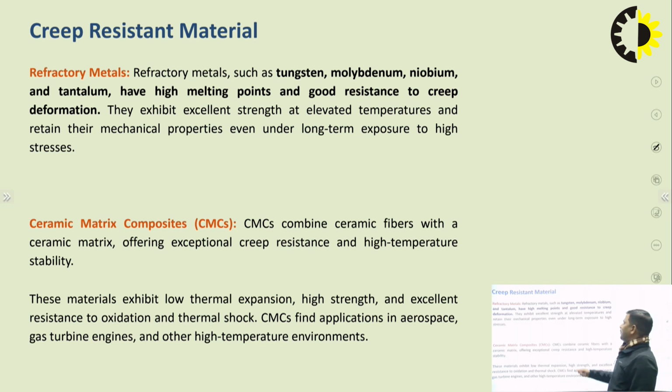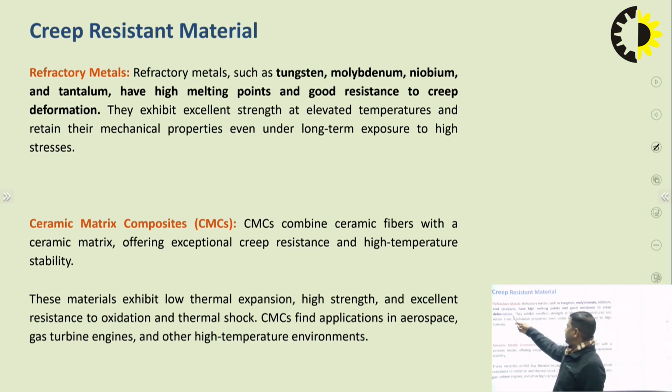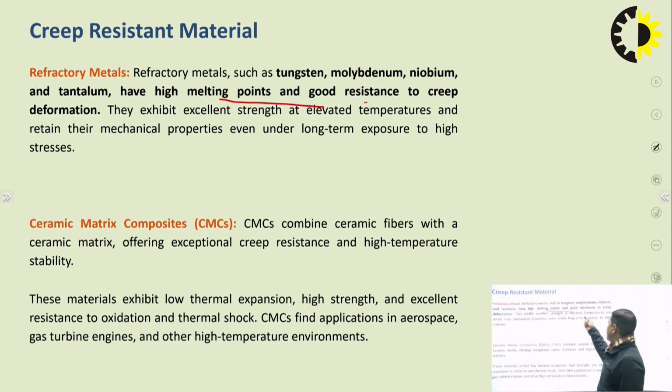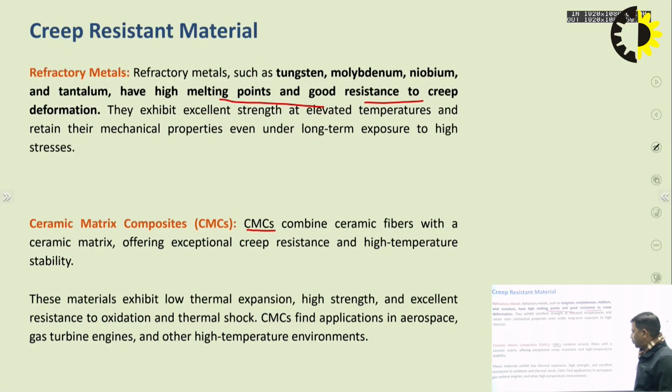Refractory materials, we have tungsten, molybdenum, niobium, which have high temperature points and they offer good resistance to creep deformation. If you go with a ceramic matrix, then again you will get good resistance to creep under high and constant load conditions.